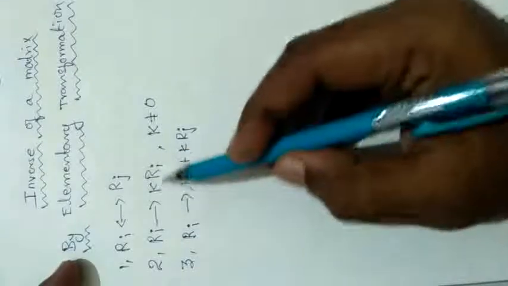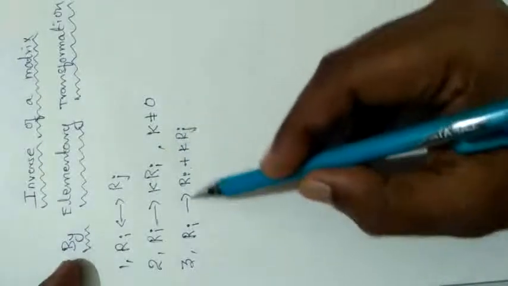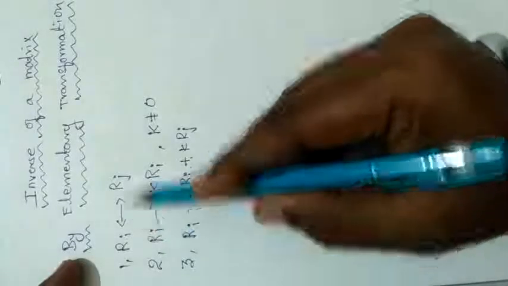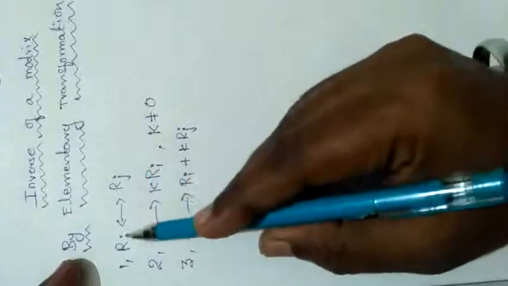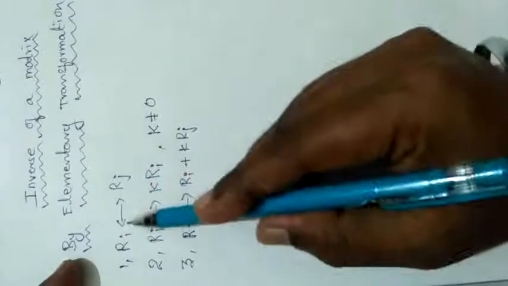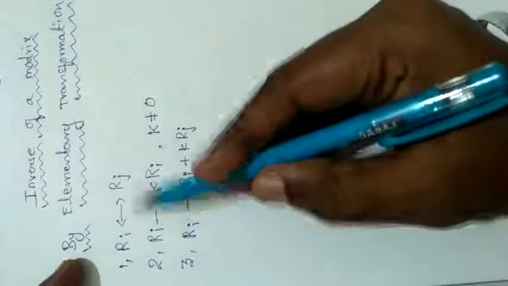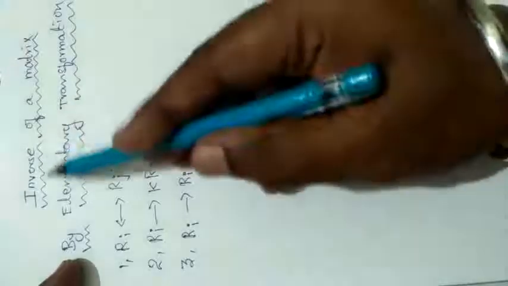Similarly for making zeros, we use this elementary transformation. And the first one, Ri tends to Rj and Rj tends to Ri, is used for interchanging the two rows, so that it will make your operations easier. It will make an easier way to find the inverse of a matrix.